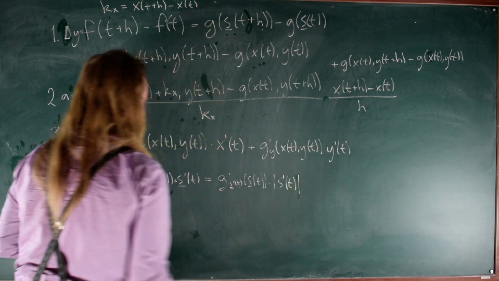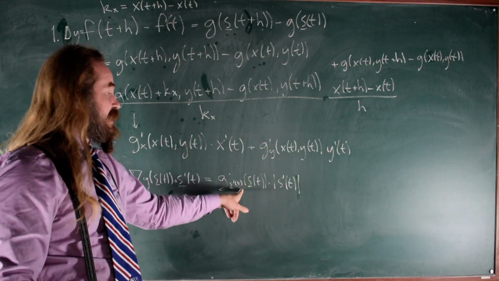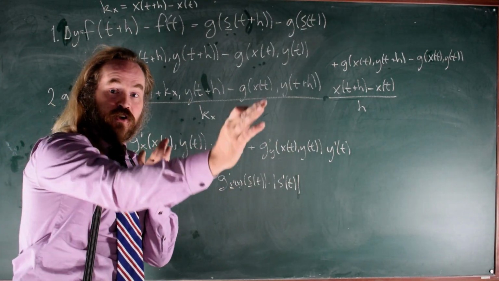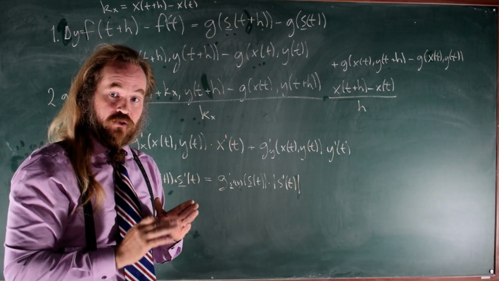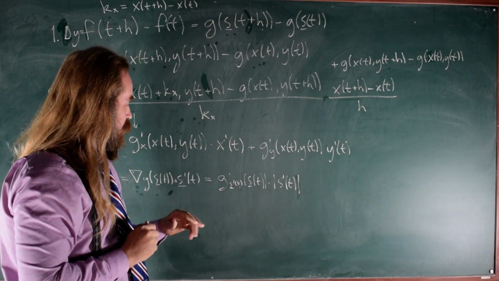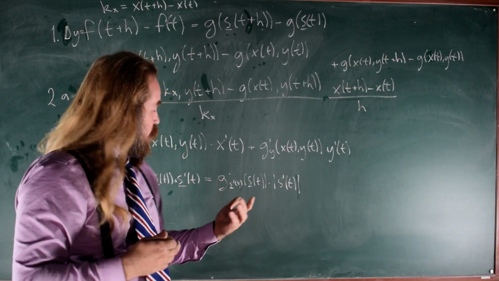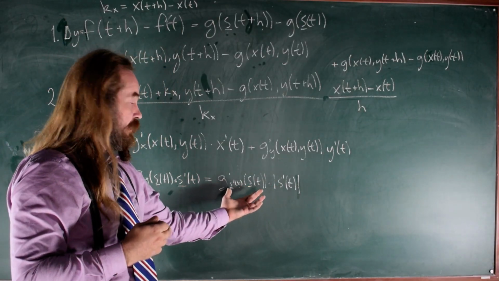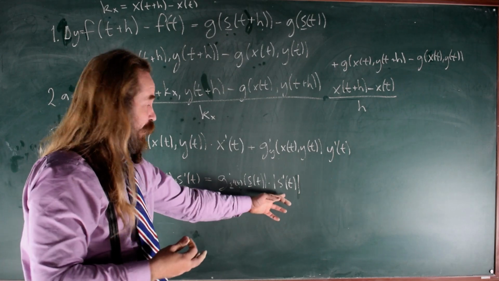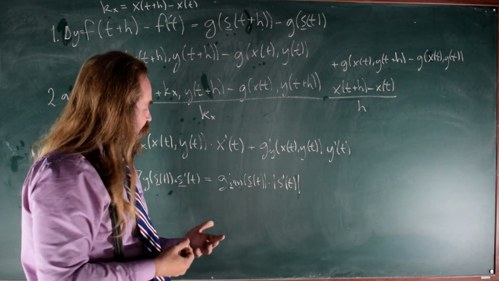So this number is the slope in the direction of motion, multiplied by my speed. If the slope is high, this is going to be annoying, and if I'm running, it's going to be annoying.